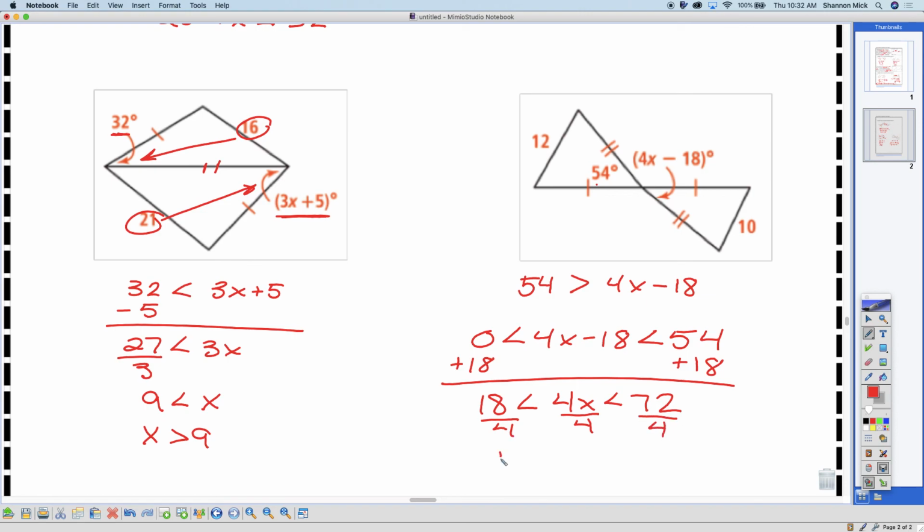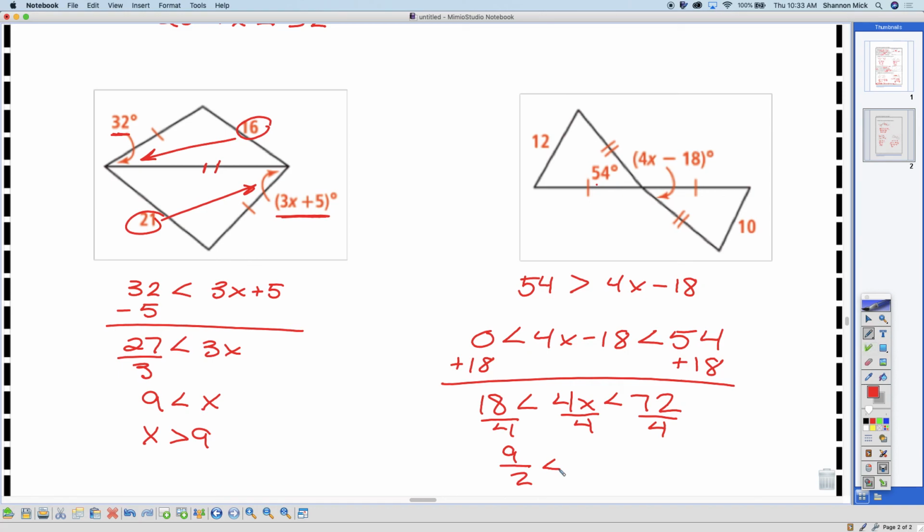So we have 18 fourths, we've got to reduce, right? What do I reduce 18 fourths to? How about 9 halves? 18 divided by 4 would be 4.5.